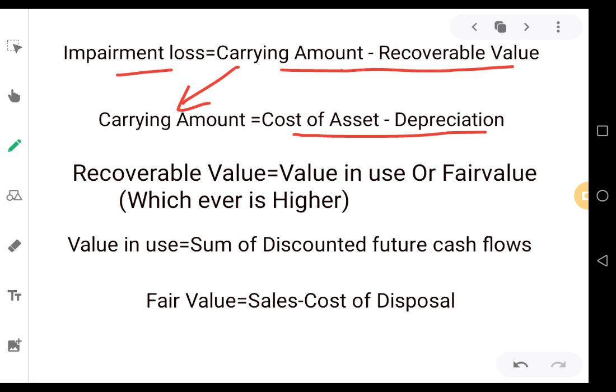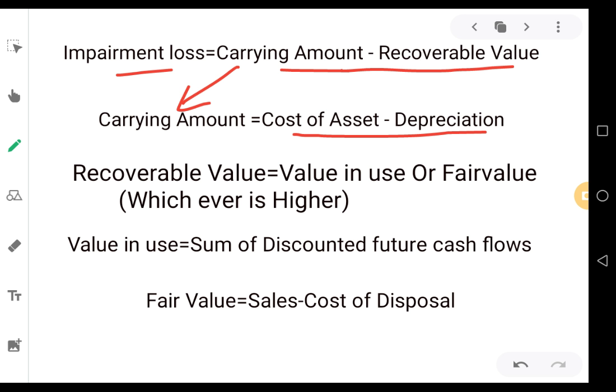From that cost, you are going to reduce the amount of depreciation. Actually, it should be accumulated depreciation. Accumulated depreciation means the depreciation charged for all the years from the date of acquisition of the asset. Let us say you have acquired an asset in the year 2015.